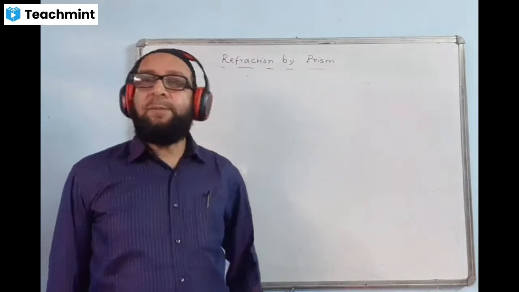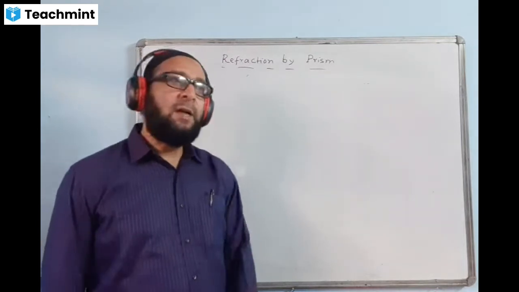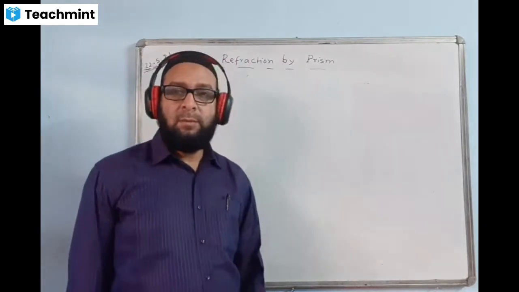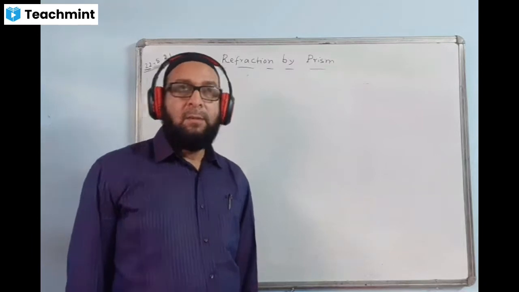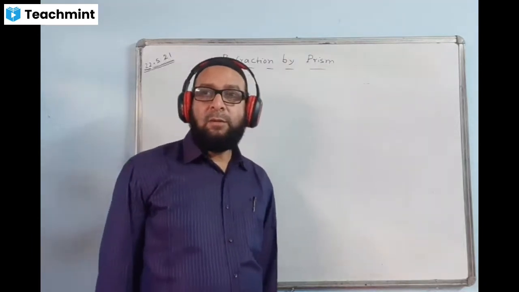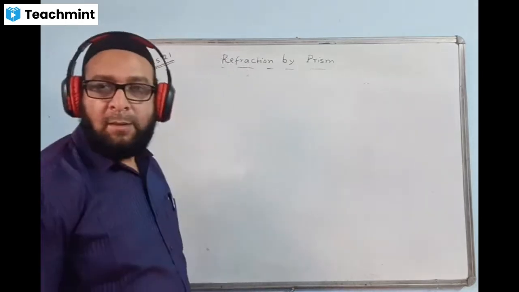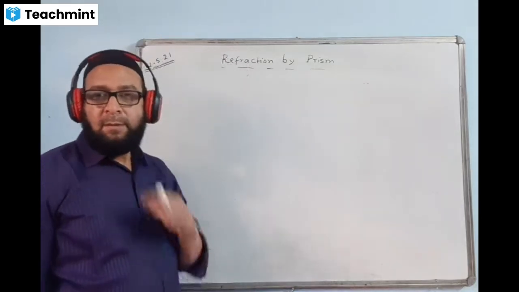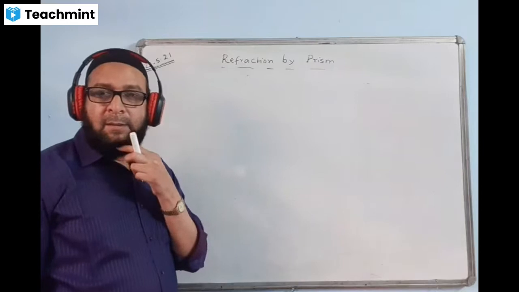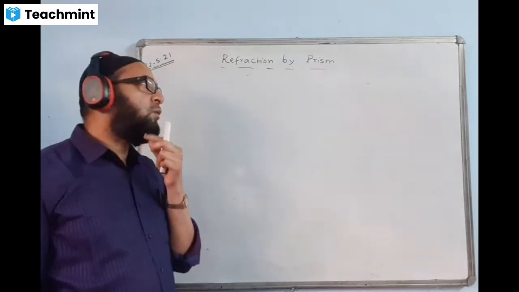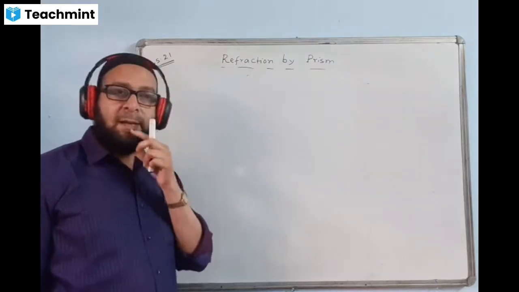Equilateral prism and regular prism is the same thing. Regular means all sides are equal, all angles are equal. Close bracket. Regular prism can be shown as follows. Your question may carry 2 marks.